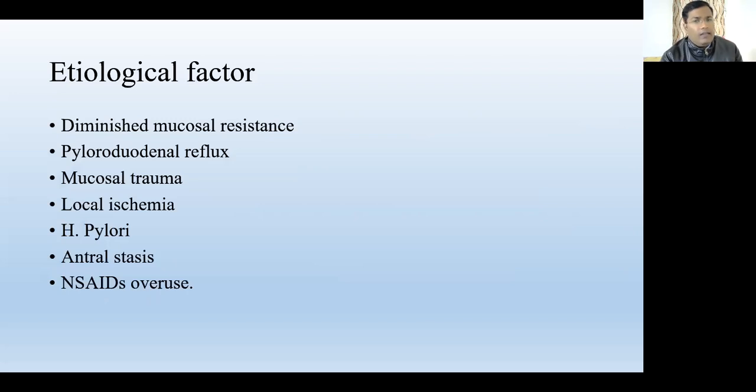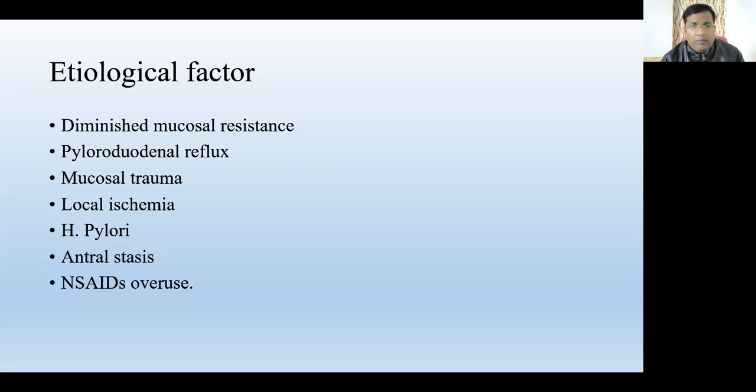The etiological factors are mostly the same for the development of gastric ulcers, but here diminished mucosal resistance is the important factor, which may be due to taking different medicines, hormonal effects, or some other factors.